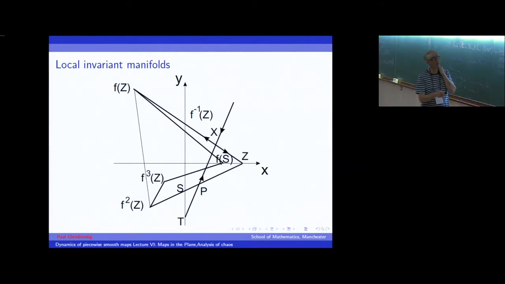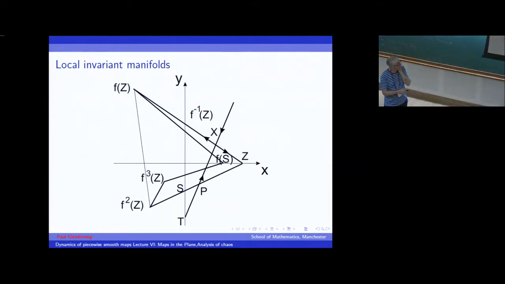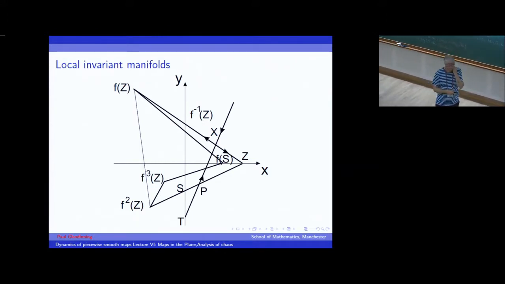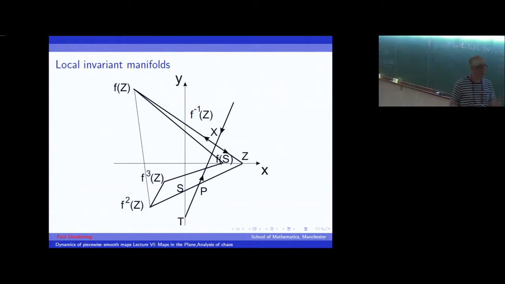So this piece, z, f2 of z, is also a piece of the unstable manifold. And look, we've got a point P, which is an intersection of the unstable manifold and the stable manifold of this fixed point x. So we have, as I've drawn it here, a transverse intersection, which tells me that I have chaos.